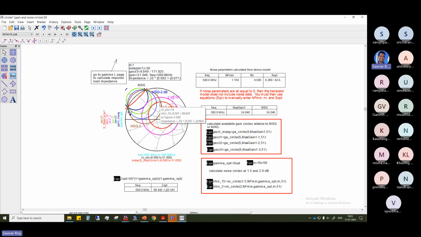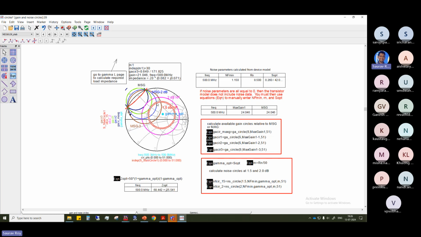So when you choose that point, then the rest of the things are again the same. Let's say this is the point you choose here. From this point, you can again determine what should be the gamma S and gamma L, source and load reflection coefficient, and accordingly source and load impedances. When that is done, then again you design the matching network.